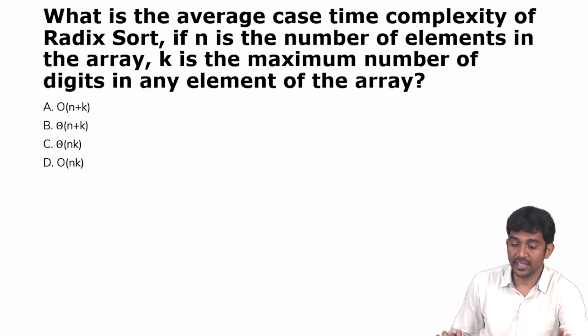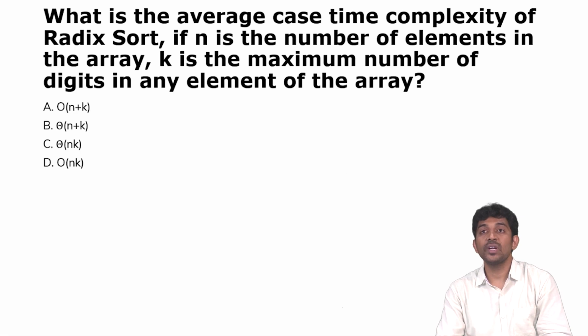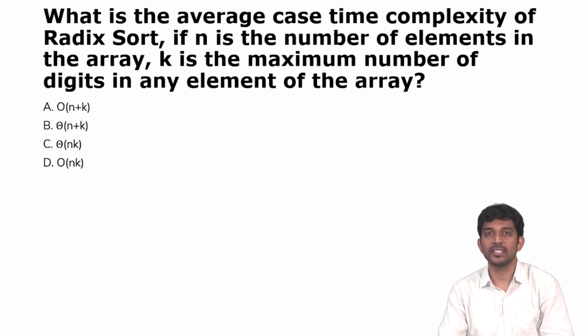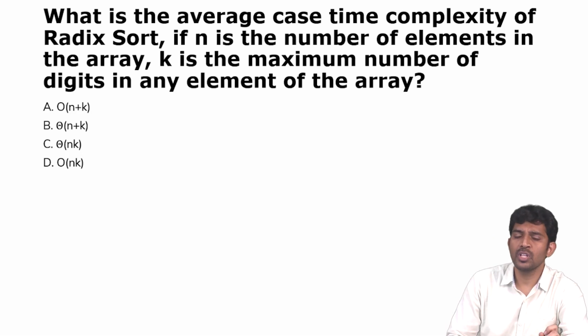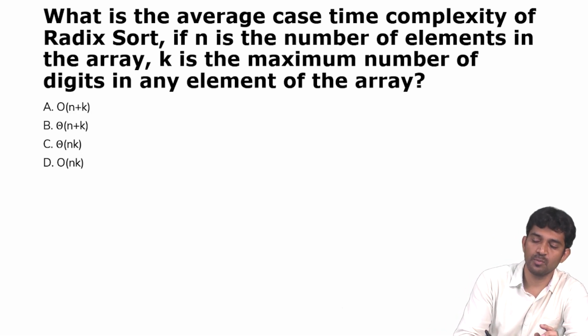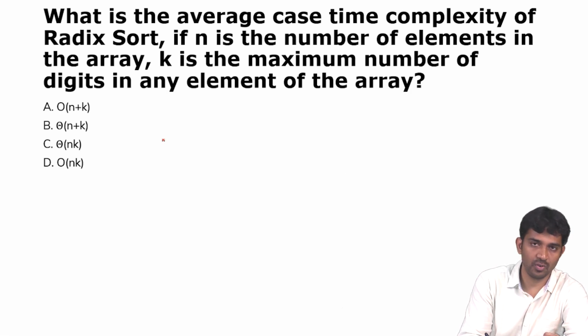Right? And coming to the next, what is the average case time complexity? One more suggestion: try to note down the time complexities of the sorting algorithms. We have 5 sorting algorithms: selection sort, insertion sort, bubble sort, merge sort, quick sort.